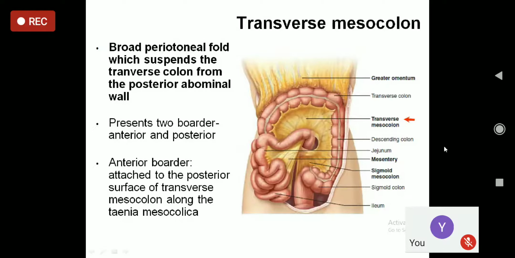It presents two borders. They are the anterior border and the posterior border. The anterior border is attached to the posterior surface of the transverse colon, along the taenia mesocolica. So this is the anterior border of the transverse mesocolon.